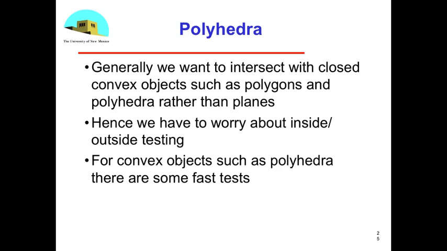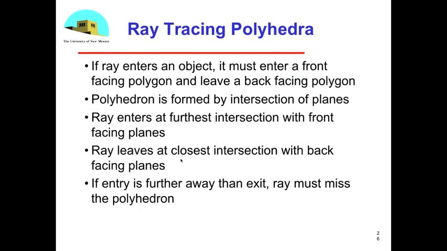I have one of those tests in the book, and it's based on this idea that if a ray enters a convex object, it can only enter once and leave once. And you can argue based on the surfaces or the lines that in a two-dimensional case, this works.